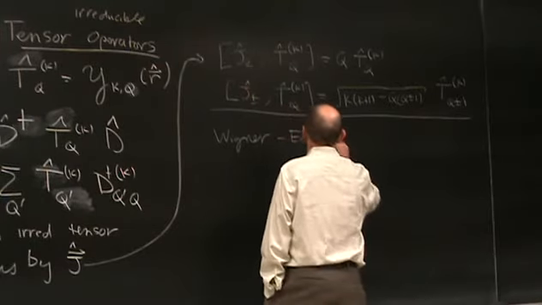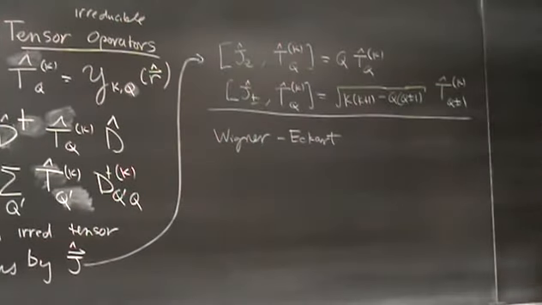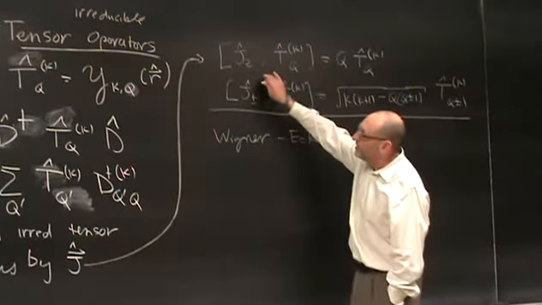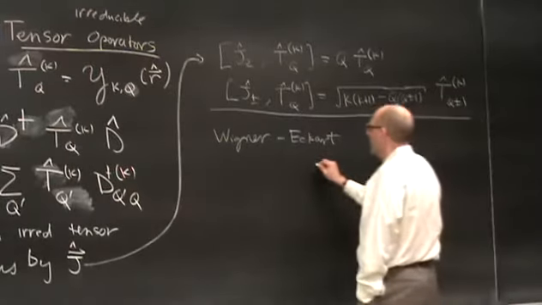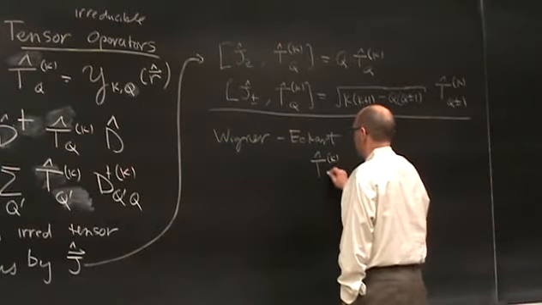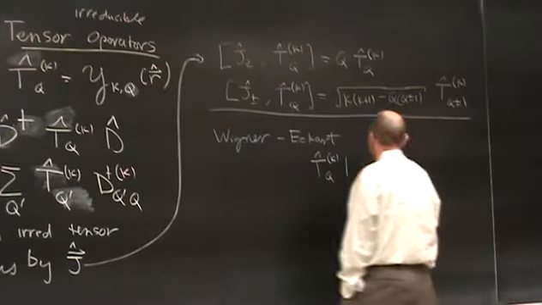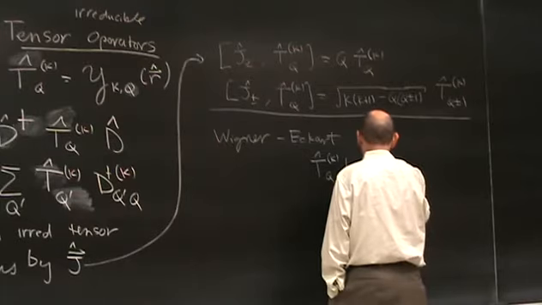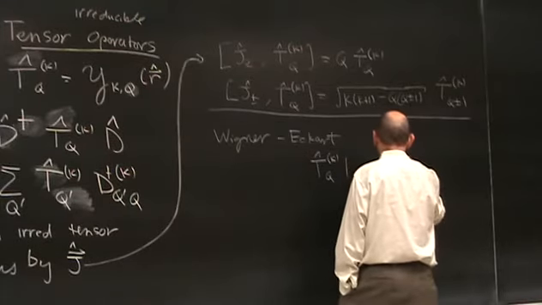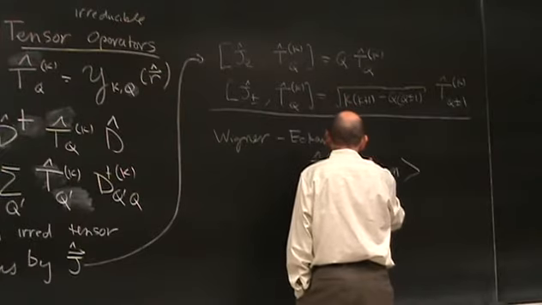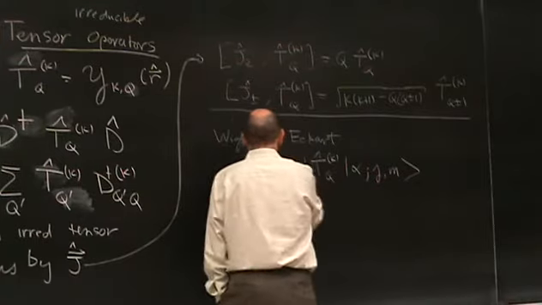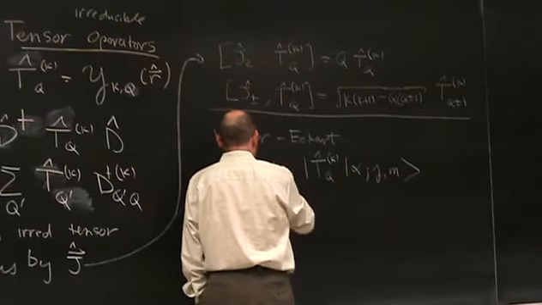The Wigner-Eckart theorem told us that if T is an irreducible tensor under rotation generated by J, and we looked at its matrix elements with respect to kets that are eigenstates in the standard basis by J, so it has eigenvalues J and M and whatever other eigenvalues we want to use to define the state.